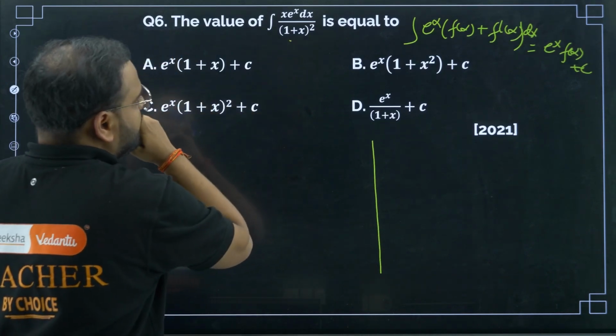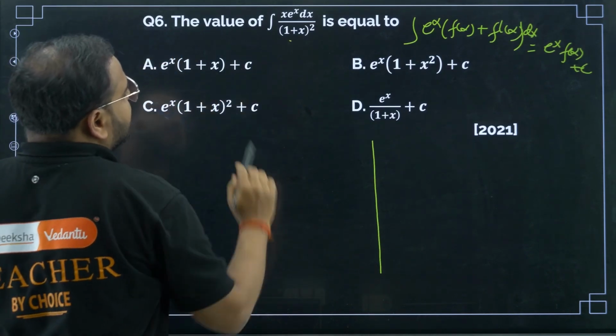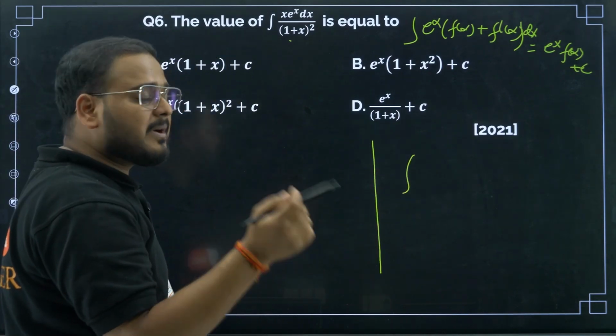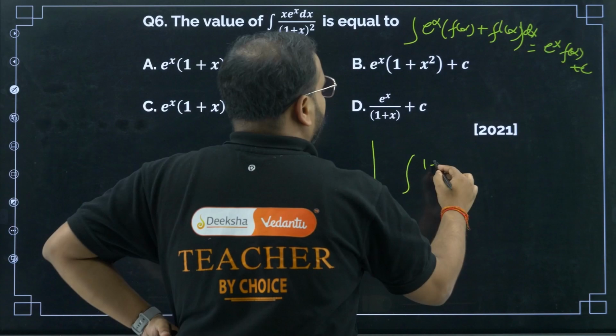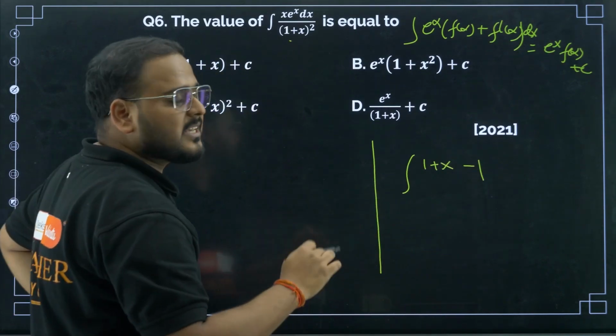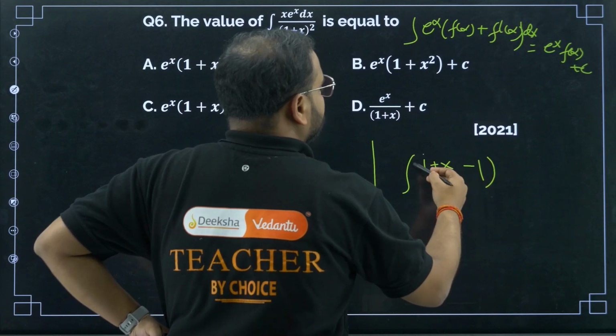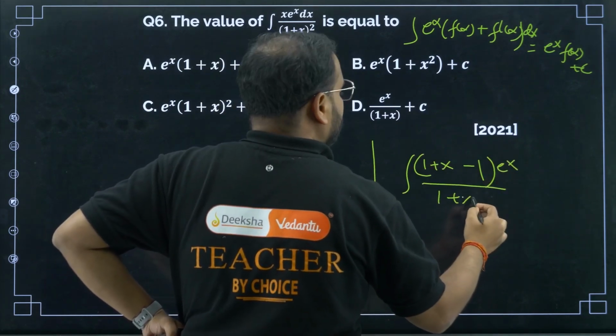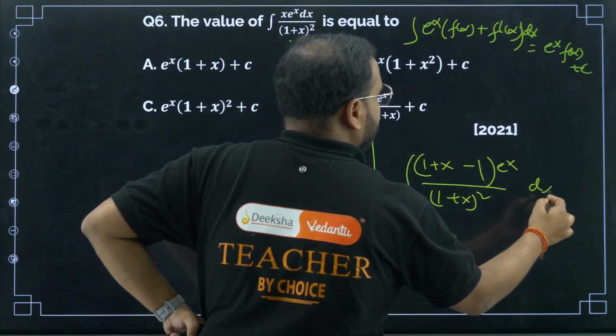1 plus x is there in the denominator, only x is there in the numerator. How can I do it? I can write 1 plus x minus 1 in the numerator, whole thing multiplied with e power x upon 1 plus x the whole square dx.